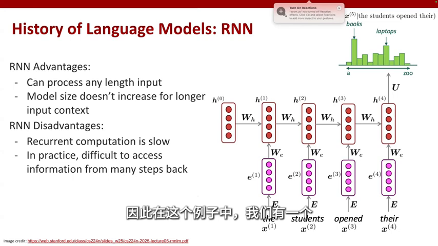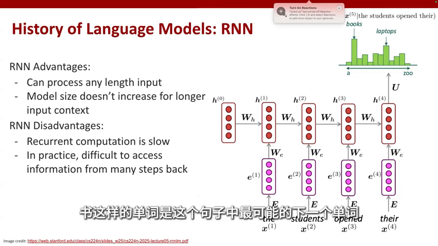In this example, we have a sentence like "the student opened their", and after you feed in the whole thing, the classifier would output a probability distribution that says maybe "books" is the most probable next word in this sentence.